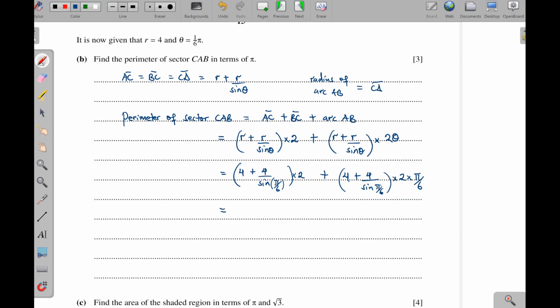Let us simplify this. This one is a half. 4 out of a half will be 8. 8 plus 4 will be 12. 12 times 2 will be 24.